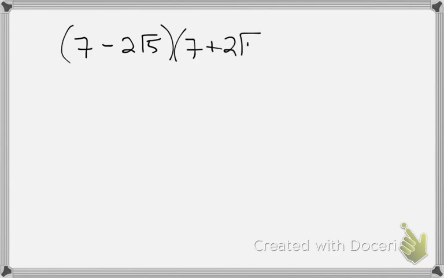All right. What if we had 7 minus 2 root 5, 7 plus 2 root 5. We recognize that special form, a plus b, a minus b, right? So that's a difference of squares. So what's it going to be?